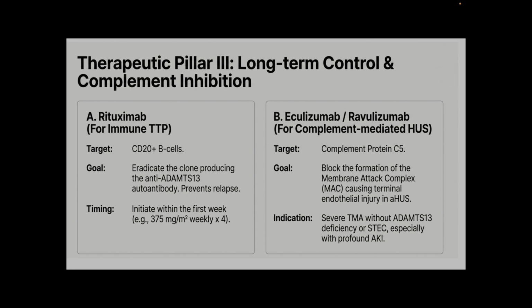For complement mediated HUS, complement inhibition with agents such as eculizumab or ravulizumab targets the terminal complement pathway. So once again, the key principle is mechanism based therapy. TTP requires control of the anti-ADAMTS13 immune response, whereas complement mediated HUS requires control of pathological complement activation.